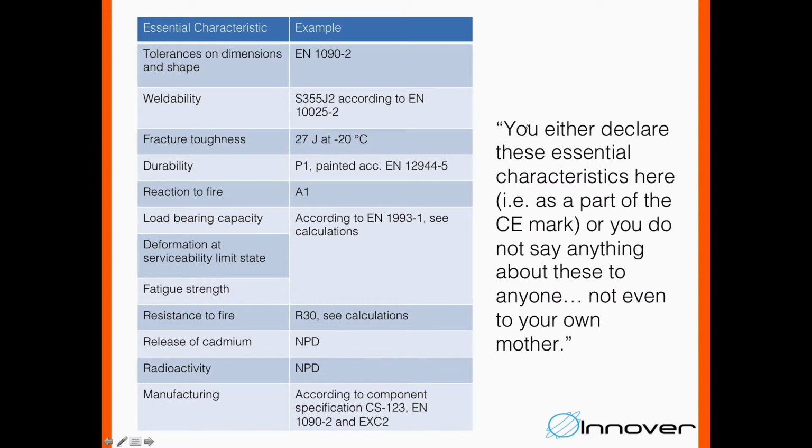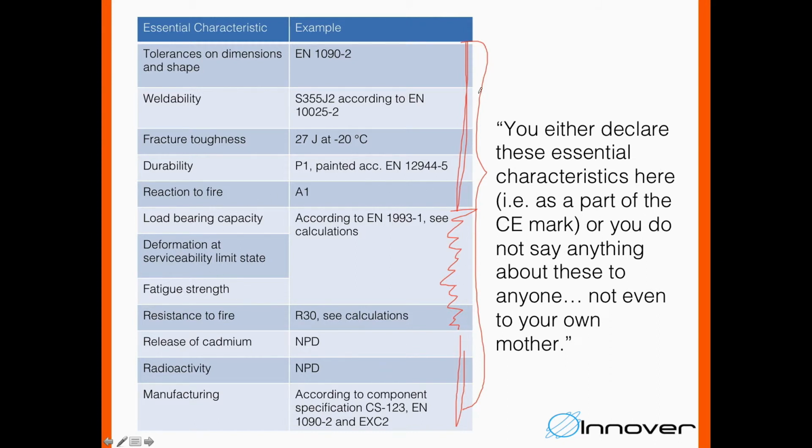Here we have the structural steel products' essential characteristics as defined in the harmonized standard EN 1090-1 Annex ZA: tolerances on dimensions and shape, weldability, fracture toughness, durability, reaction to fire, load-bearing capacity, deformation at serviceability limit state, fatigue strength, resistance to fire, release of cadmium, radioactivity, manufacturing. And if you remember, these are the characteristics that are related to manufacturing, and these are the characteristics that are related to structural design.